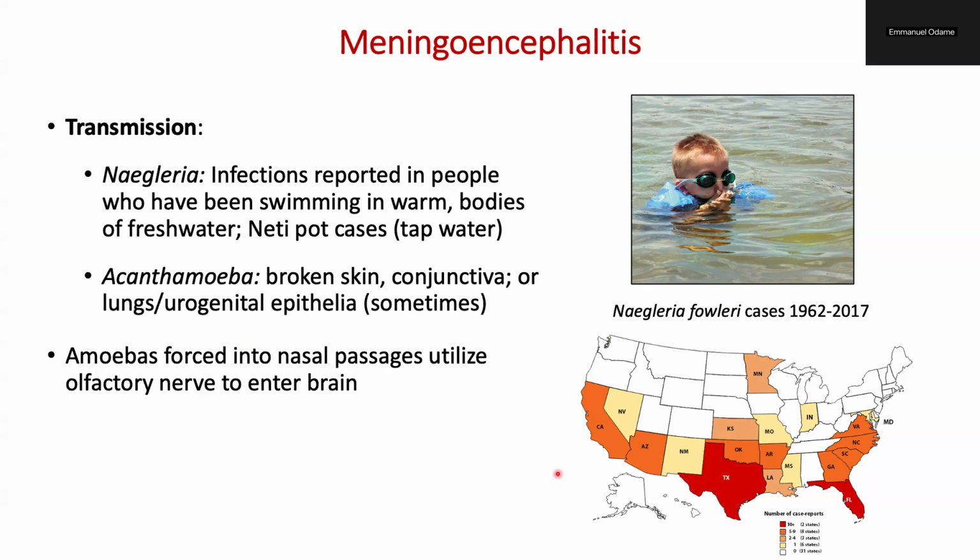This graph shows the distribution of cases that we've known of from 1962 to 2017. As you can see, it's higher around this area, Texas, and it's more common among those who are closer to the beach.